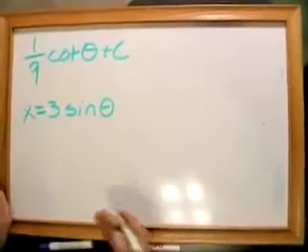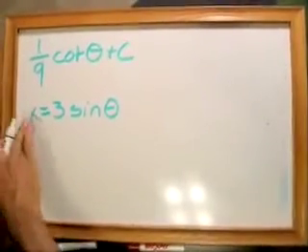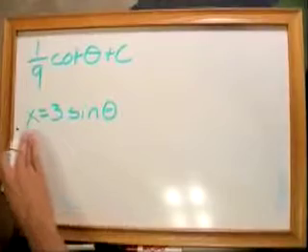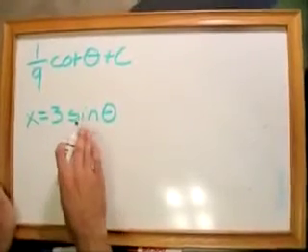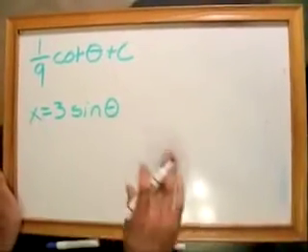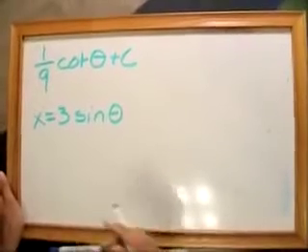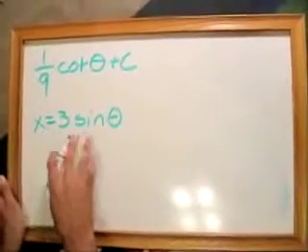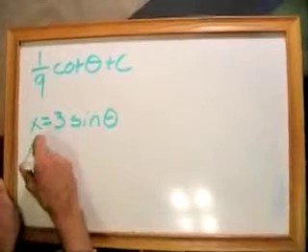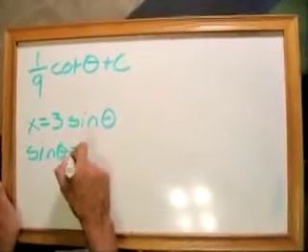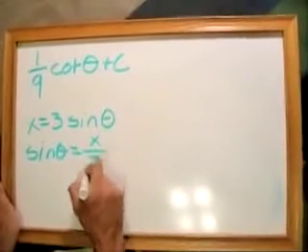That was one of our substitutions. We got it from x squared equals 9 sine squared theta, and we just took the square root of it. What we need to do here is isolate the sine, so we can plug it back into a triangle and solve. So if we divide both sides by 3, we get sine theta equals x over 3.